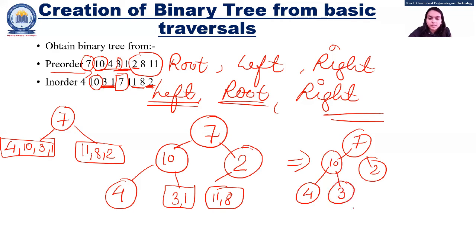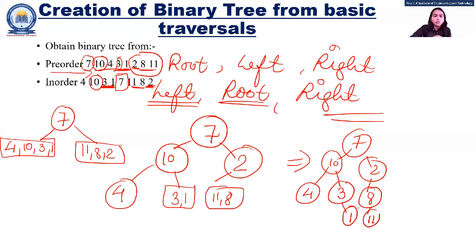So here we would be having 1. Similarly, from 11 and 8, if you see here in pre-order, it is given as 8, 11. That means it would be on left of 8. So 8 would be the root, and where is 11? 11 would be on the left of 8.